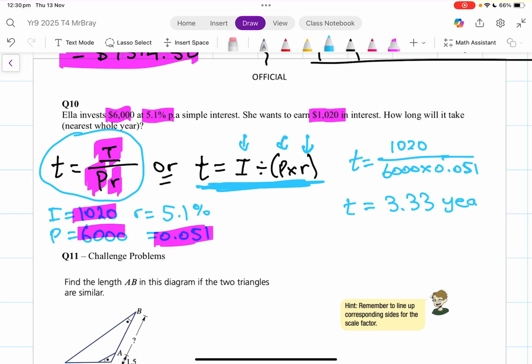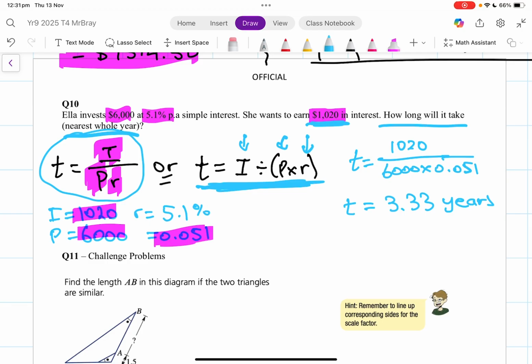That gets us 3.33 years. Now this gets a little bit tricky because it says, how long will it take to the nearest whole year? And obviously, if you were rounding 3.3 to the nearest whole number, you would round it to 3 years. But after 3 years, do we have enough money, right? Have we made that $1,020 in interest?